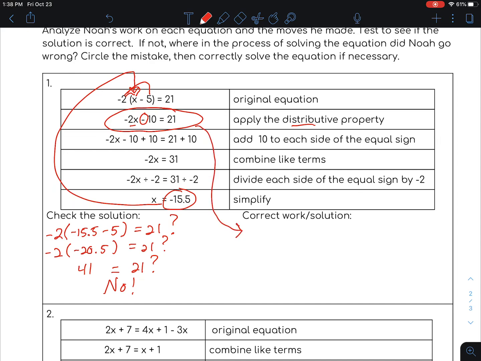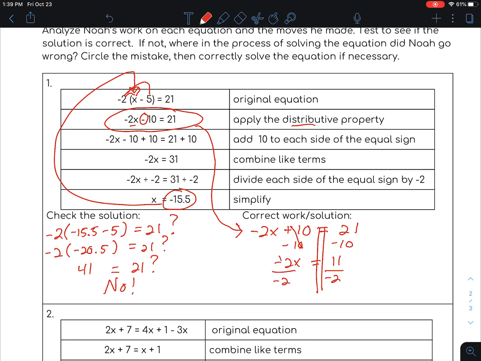And so let's go bring that down here and see if we can fix that mistake. So it should be negative 2x plus 10 equals 21. All right, so let's go ahead and solve that then. Subtracting 10 from both sides to undo the addition, we get negative 2x equals 11.